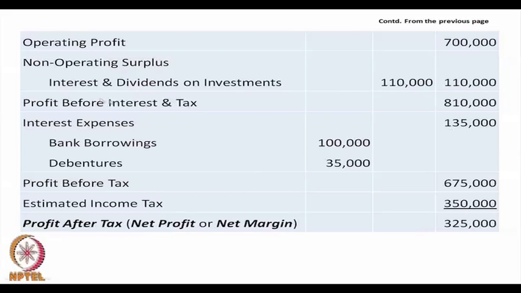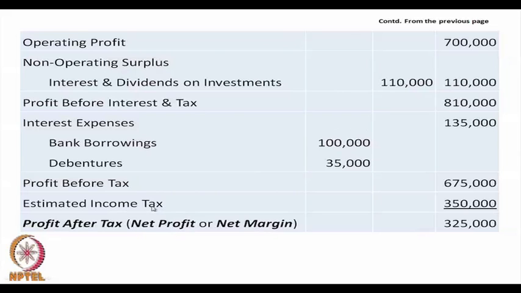Therefore, from PBIT, profit before interest and tax, if we subtract the interest expenses, then we are left with profit before tax, that is 675,000 rupees. This is the PBT, profit before tax. On this, the income tax is actually paid.